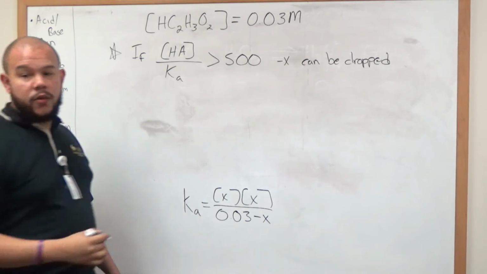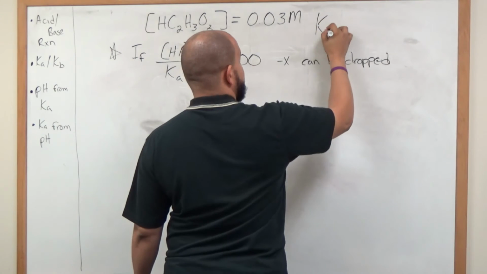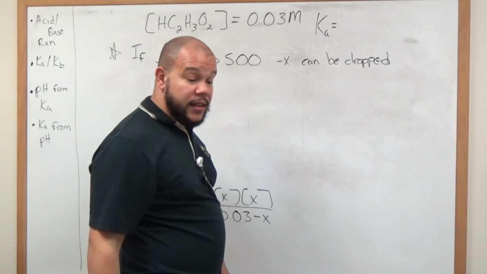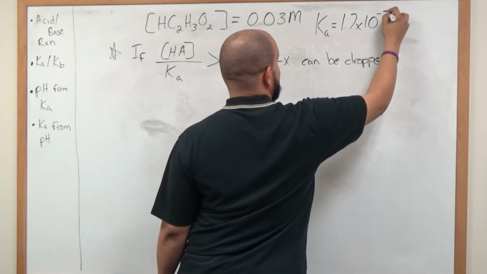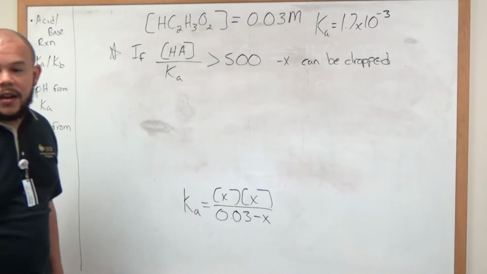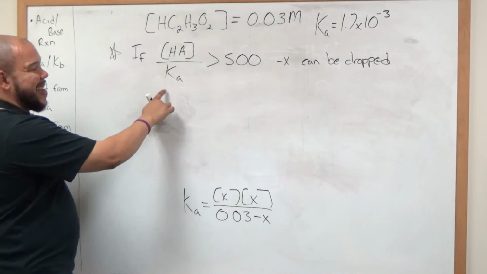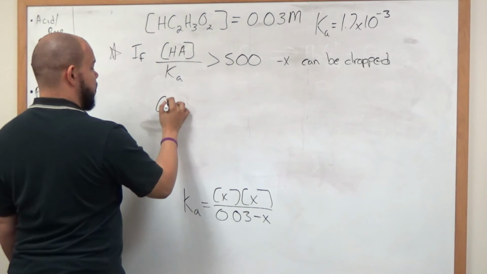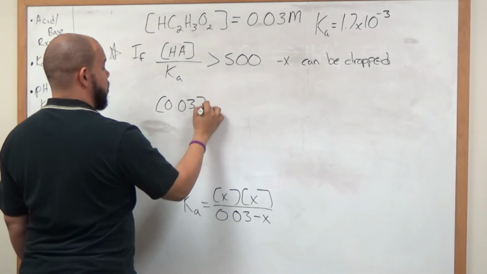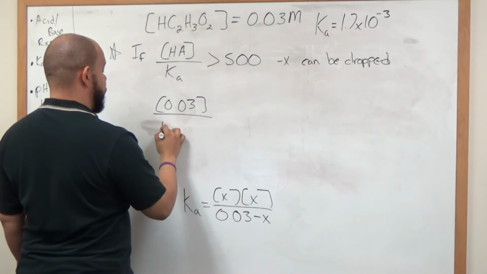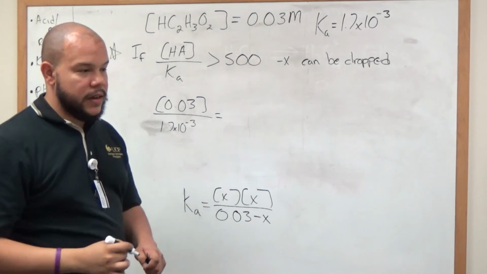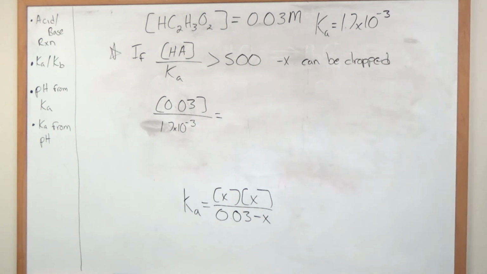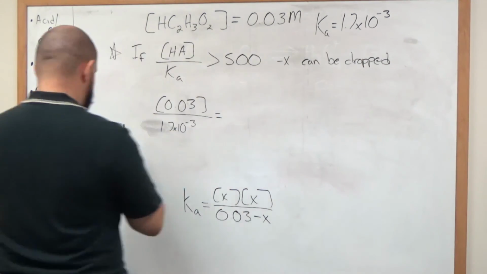First, I need to write for you the Ka for acetic acid. Again, this is a constant. It will be given to you in reference materials. It's 1.7 times 10 to the negative 3. If we do our test, and say 0.03 divided by 1.7 times 10 to the negative 3, and we put this in the calculator, we can confirm what this ratio is.